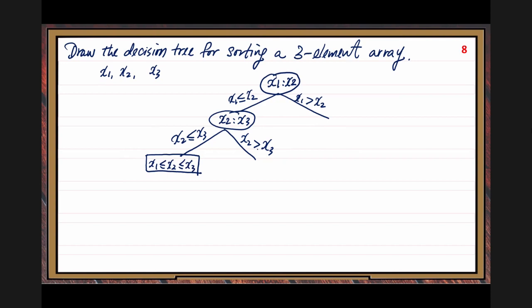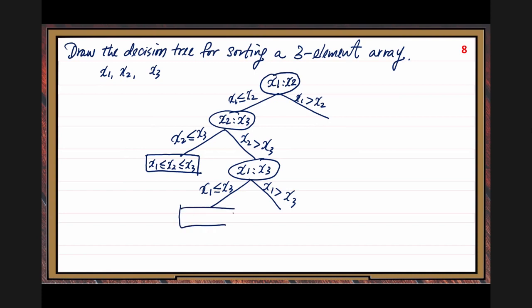But if x2 greater than x3, we need to compare x1 colon x3. So now you have two cases. Left, x1 less than or equal to x3, right, x1 greater than x3. If x1 less than or equal to x3, can you get the array sorted?